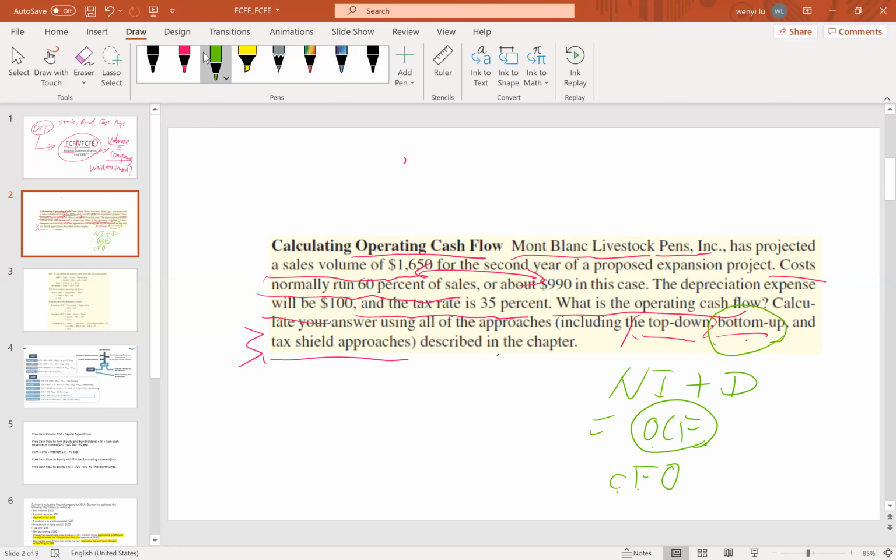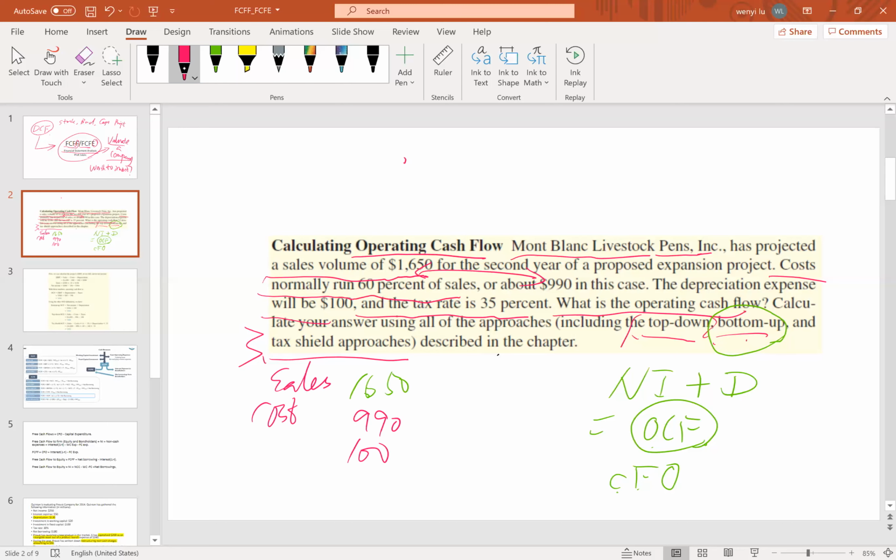Let's see how to solve this one. Our sales for this company are 1650, and our cost is around 60% of the sales, so that's equal to 990. Then we have the depreciation expense of $100. Depreciation is called a non-cash charge.